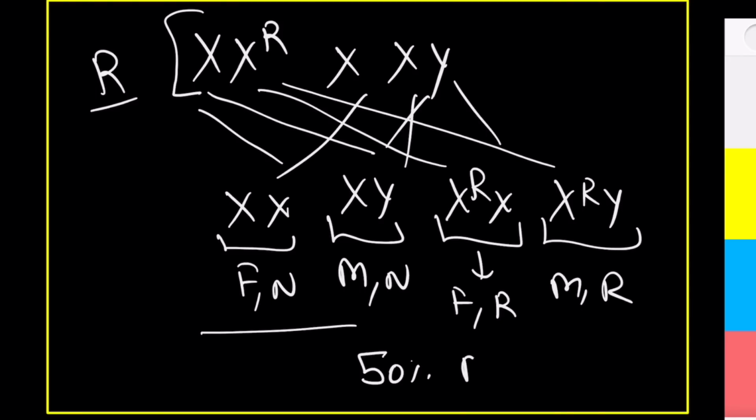So you can see 50% of the males and females are going to suffer from the disease when the mother has that dominant allele. Hopefully it is quite easy to predict the probability. This is going to tell you the probability.